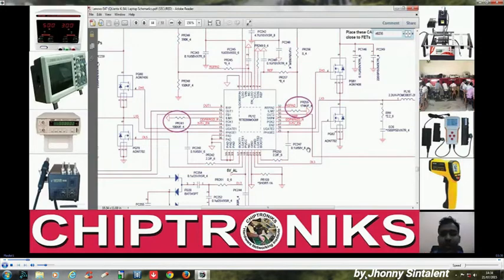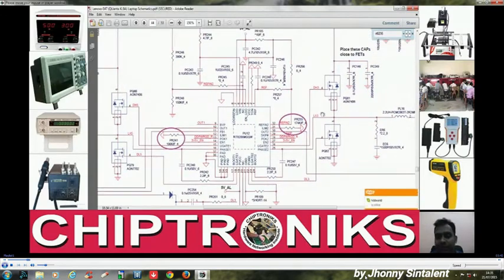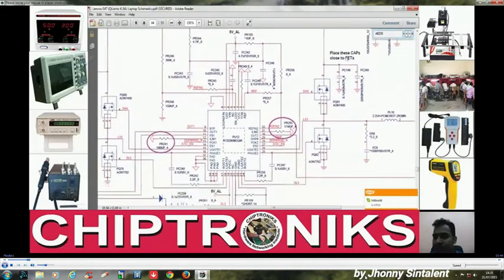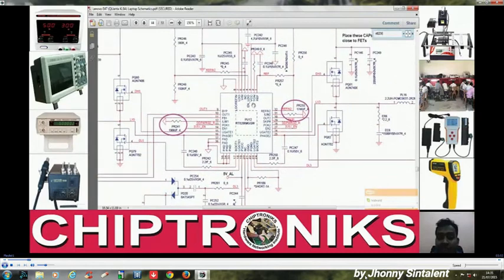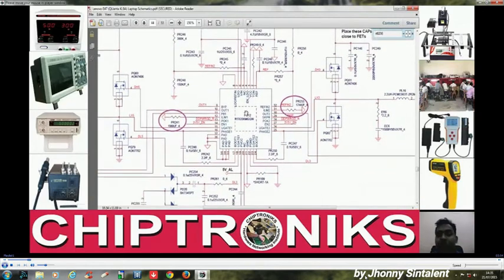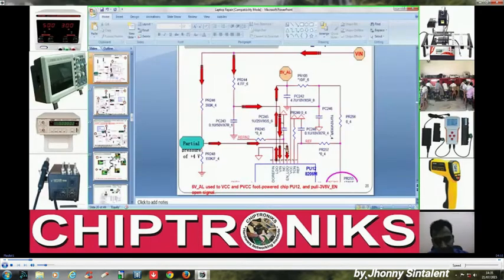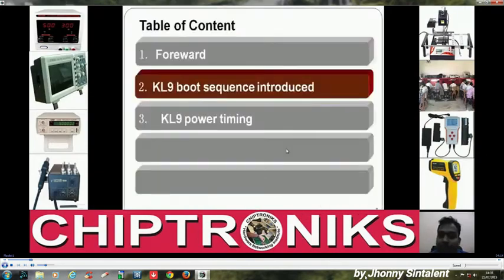Not only see like this, if you see these pins you can understand its working, but can you understand the working of TON? Can you understand the working of PVCC? There is a VCC, and there is another pin, PVCC. Do we understand the working of these pins? If we understand the working of each pin, then we can understand the exact working. Okay, so let's move to the class, and we'll move to the slides smoothly.